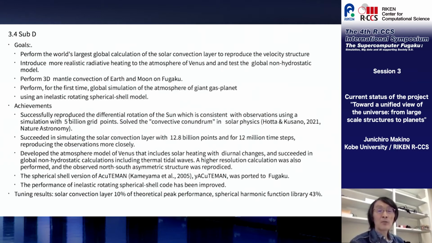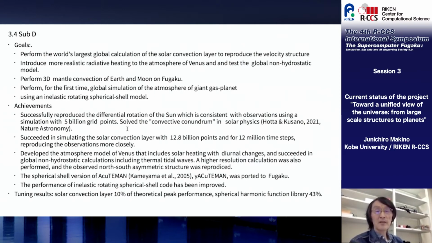For this one, we have actually succeeded in reproducing the differential rotation of the sun, which is determined through solar seismology observation, for the first time using a simulation with 5 billion grid points.